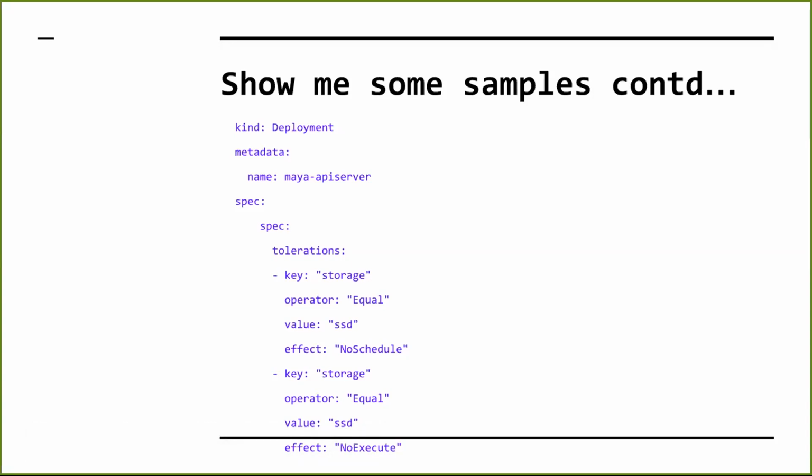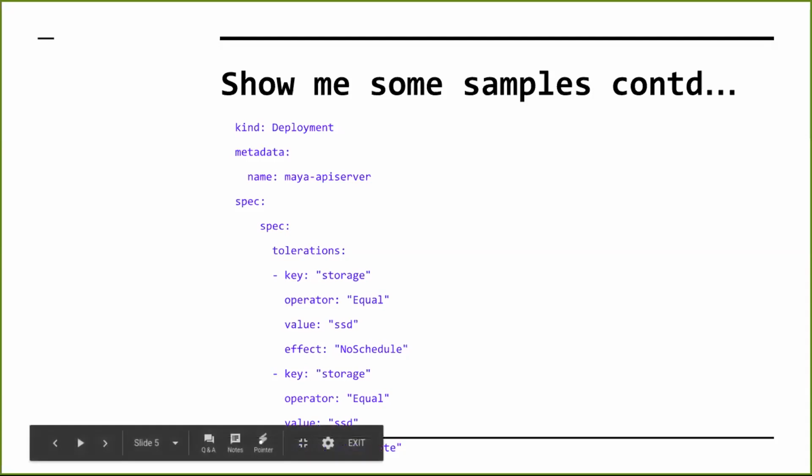So only those pods which tolerate the NoExecute taint can get into that node, even during the course of running the pod. That means during the eviction and after eviction, when the scheduler tries to reschedule that pod onto a node, the pod which tolerates this taint can get executed on that node.